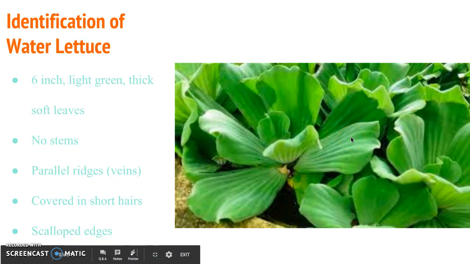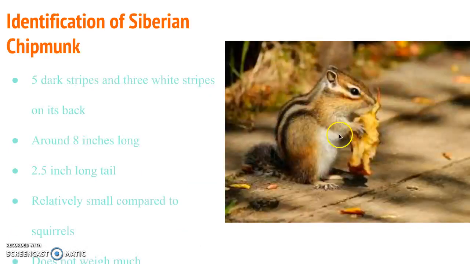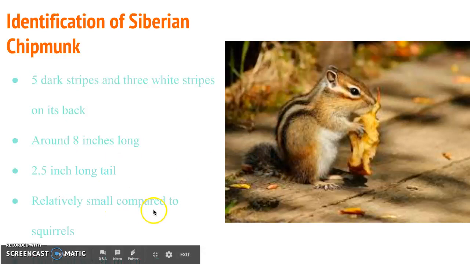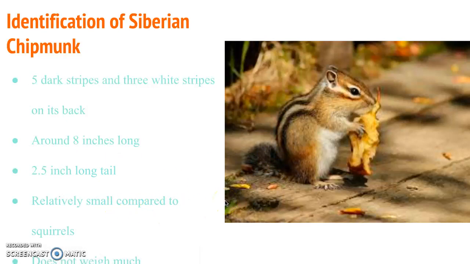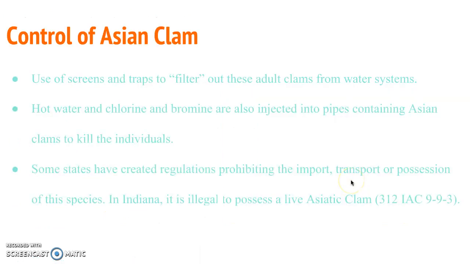They're covered in short hairs and they have scalloped edges. Identification of Siberian chipmunk. They have 5 dark stripes and 2 white stripes on their backs. They're around 8 inches long, with a 2.5 inch tail, so it's pretty long. Relatively small compared to squirrels, and they do not weigh much.